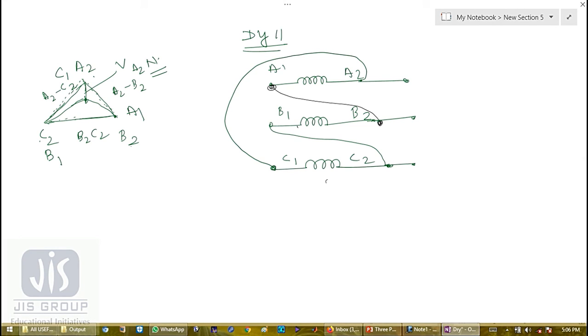Okay. So now let me draw the secondary, that is star connection. Okay. So look, this is my delta equivalent primary star. This is A2, this is B2 and this is C2.